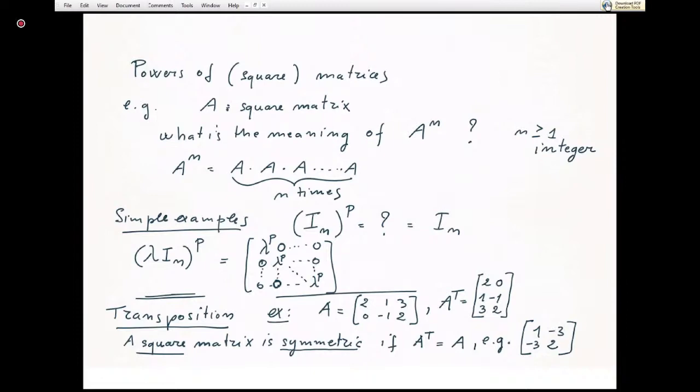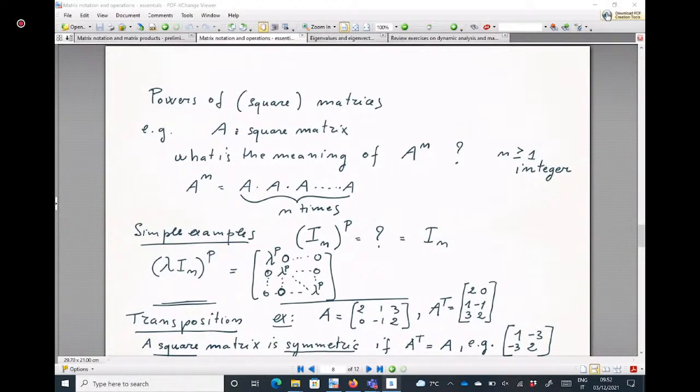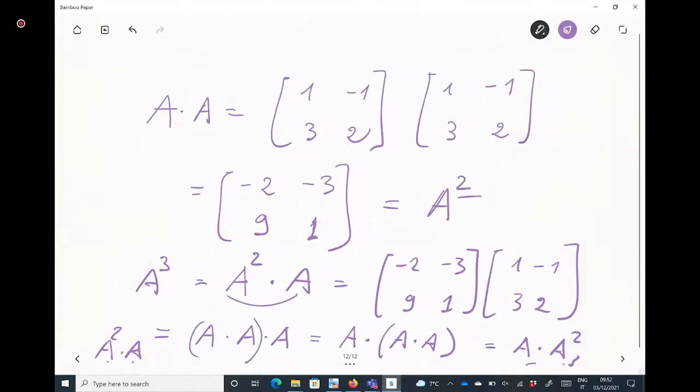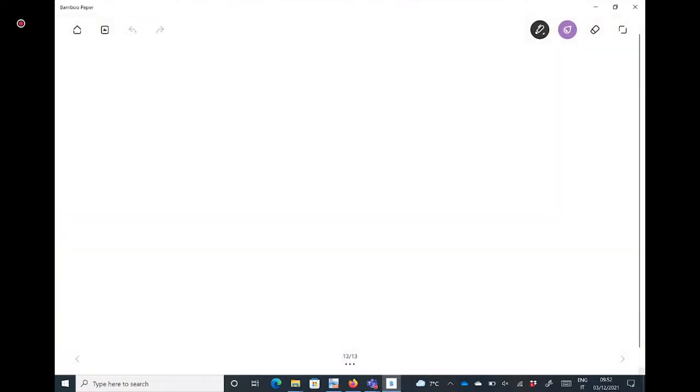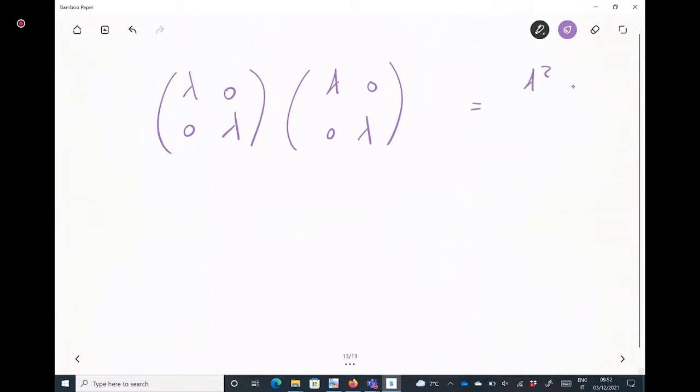The reason why it works this way is that if you have two scalar matrices equal to one another, lambda, 0, 0, lambda, and you multiply this times this, in principle, you can try to multiply. What you obtain is lambda squared, 0, 0, lambda squared. It's lambda 0, 0, lambda times lambda 0, 0, lambda.